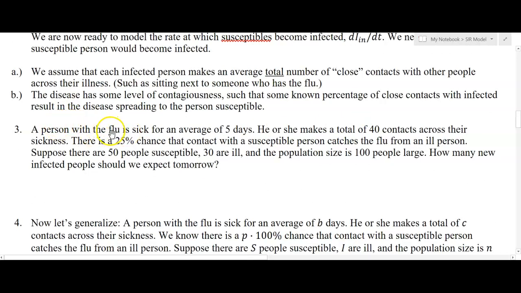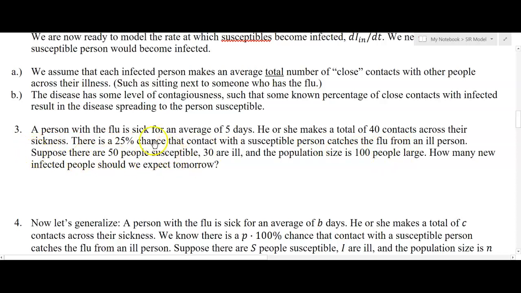So imagine a person is sick with the flu for an average of 5 days. He or she makes a total of 40 contacts across their sickness. There is a 25% chance that in contact with a susceptible person, that person catches the flu from an ill person.